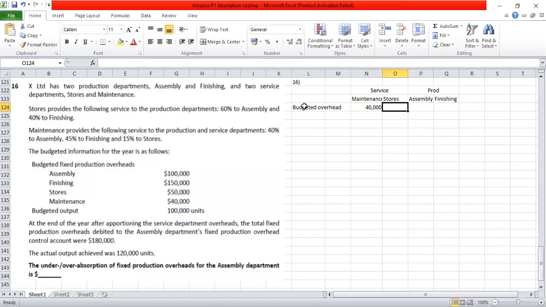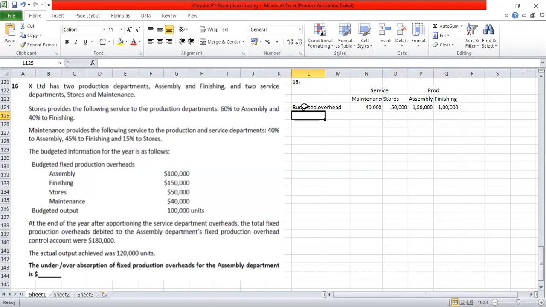Then we have it as stores is 50,000. Then we have it as 150,000. Then we have it as 100,000. These are the four amounts, budgeted overhead amounts for maintenance, stores, assembly, and finishing.